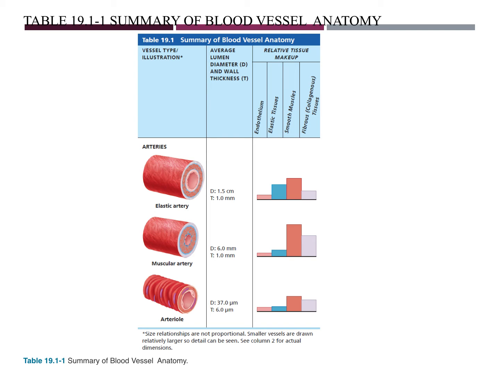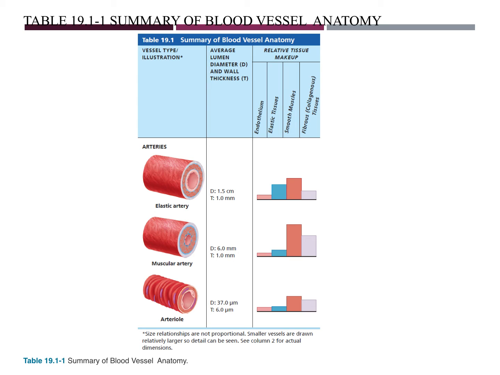So as you're looking at the different types of blood vessels, we've already mentioned that there's elastic, muscular, and arterioles. We can look at these different layers and the type of tissue making up the layers, and we can see that they have a different ratio of how much is there. Also, one of the features you'll notice is that the diameter changes.